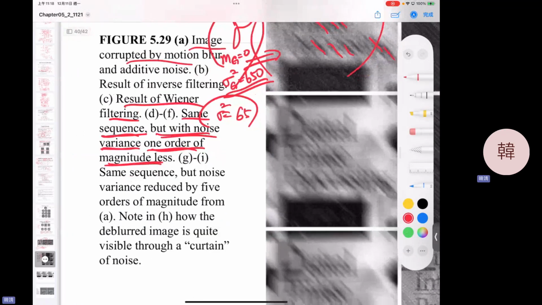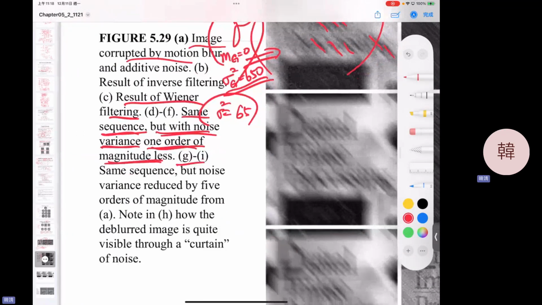So how about this one? The third row, same sequence, but noise variance reduced by 5 orders, still additive noise there. So this is the same motion blur, but the noise is 5 orders less. Okay, so it's only a small amount of noise, now it is almost no noise.